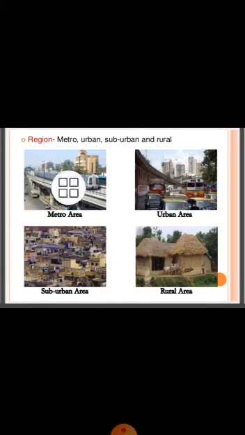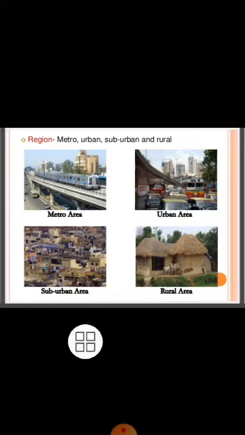As we can see here that there are different regions, like this is the metro area, which is the most developed, then the urban areas, then suburban areas, and then the rural areas. So the businesses will offer different types of things in these areas. If a business is going to open a KFC branch or McDonald's, definitely they will not choose a location in the rural area, because they are not going to have the potential buyers in that area.